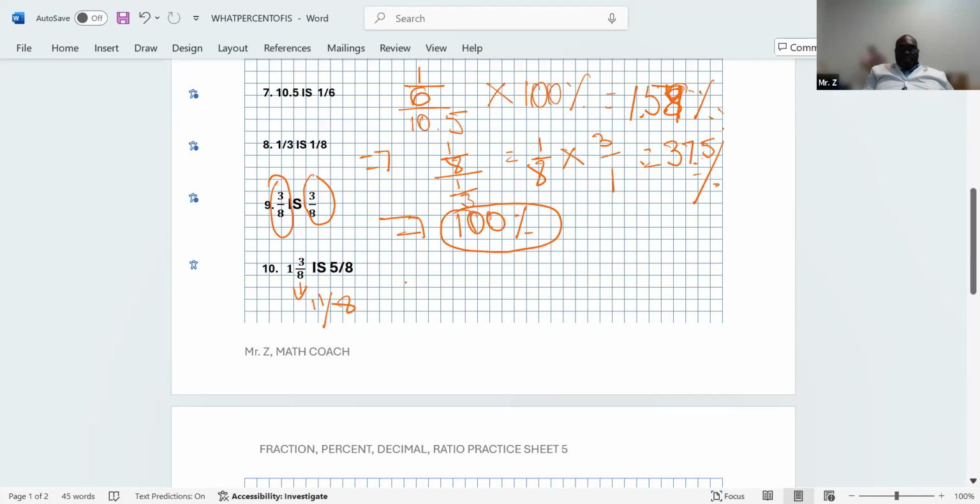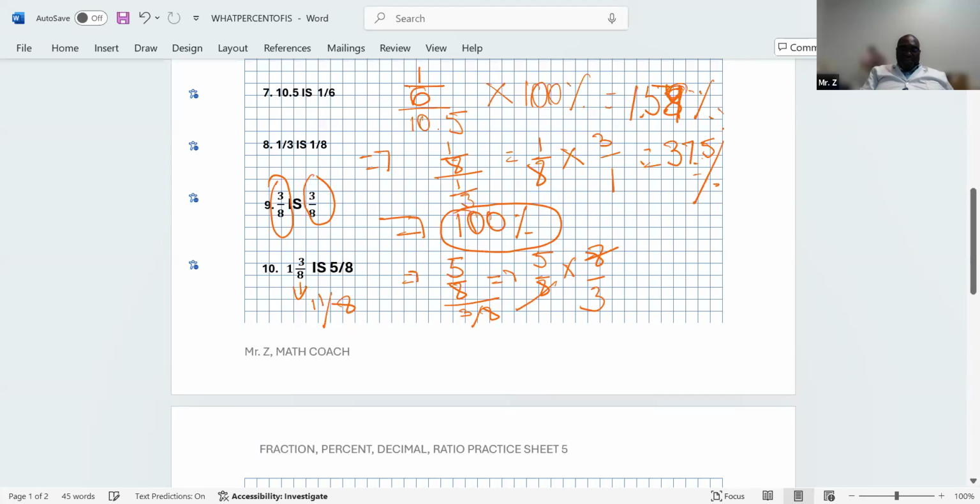Okay, so this right here becomes 5/8 divided by 3/8. At the end, you multiply that by 100%. So you have 5/8, you will have to flip it, dear friend. So once we flip that one, 8 will go on the top. So we got 3 right there. 8 and 8 will cancel.